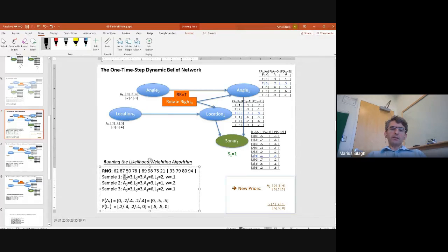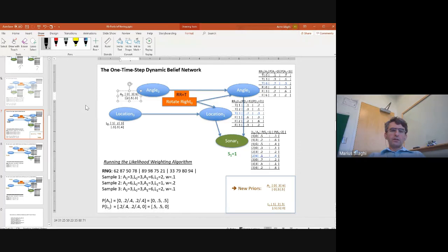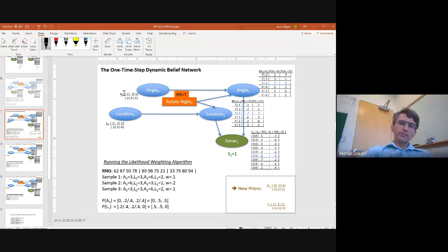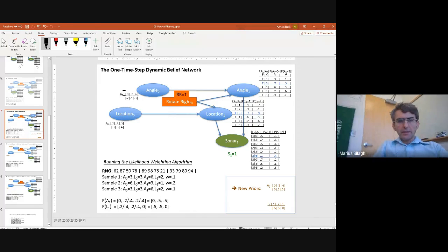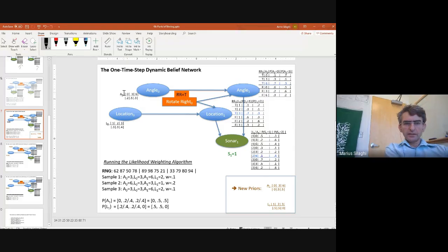In my case, I take 62, and I sample angle 0. I had here 20% probability it was in angle 0.